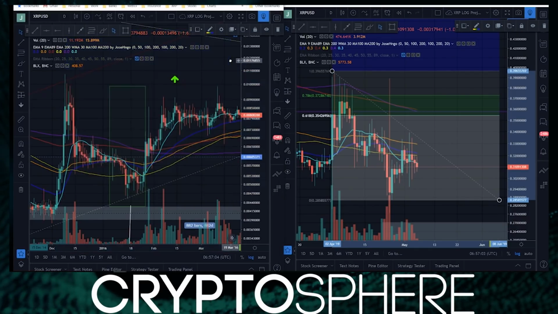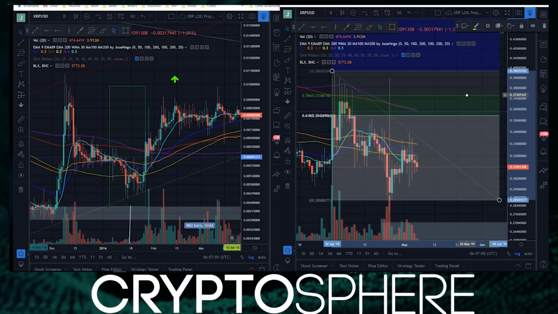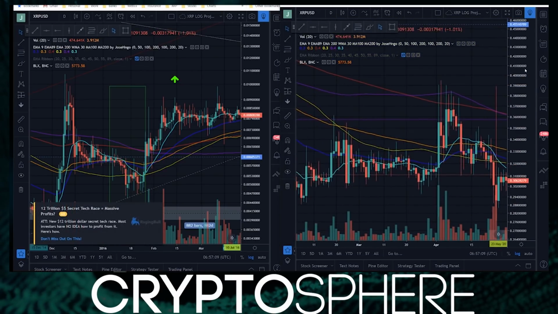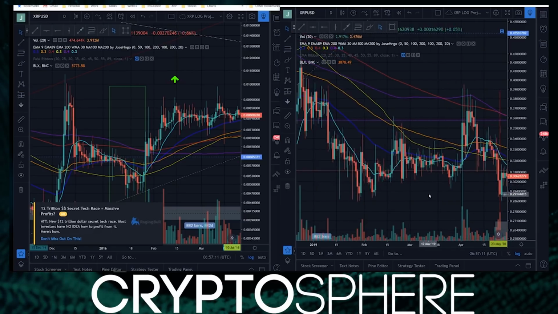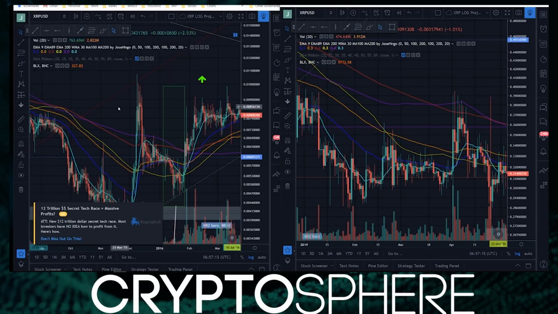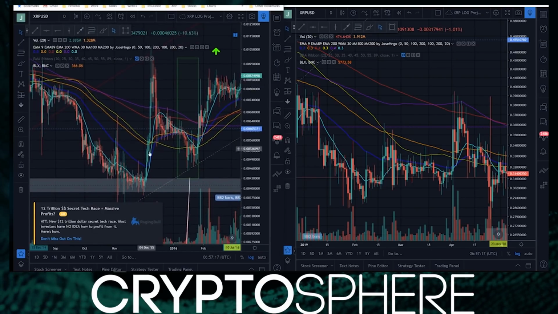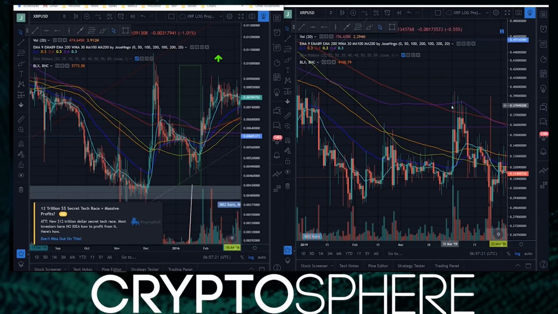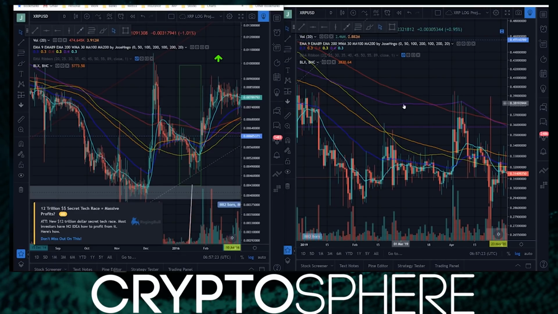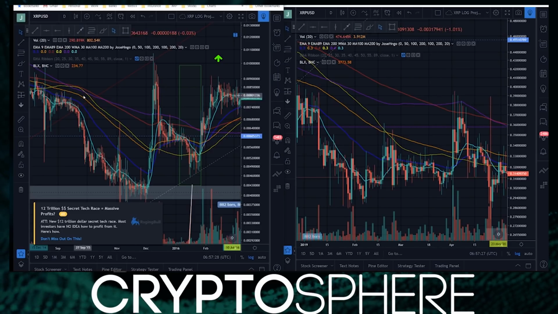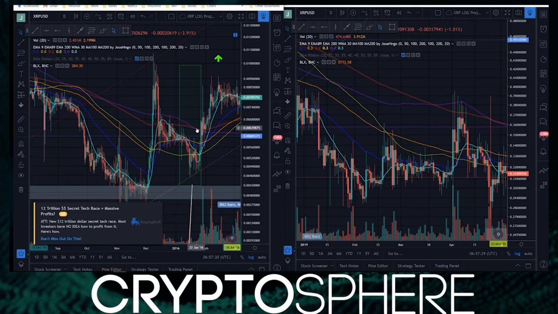If we really look at this comparison here, I'm going to shrink it down a little bit and look at how these moving averages correlate. We had this open where the purple crosses over and then back down, crosses over and then back down.